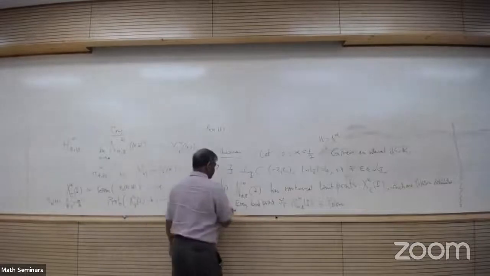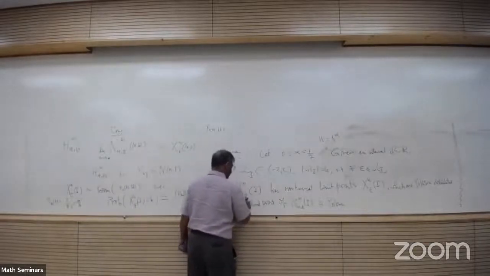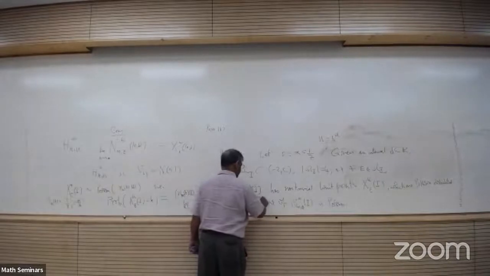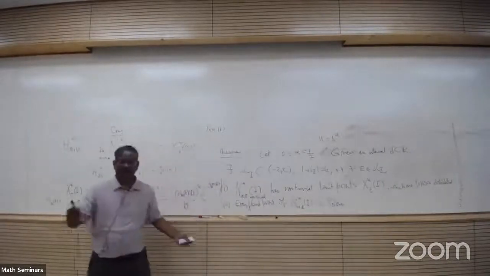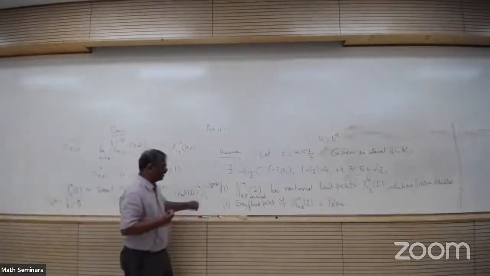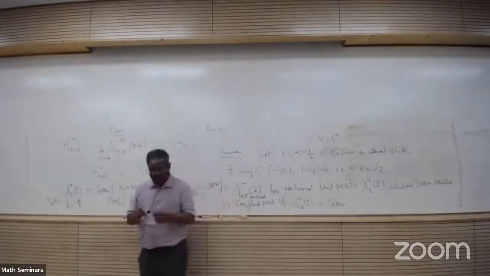Every non-trivial. Let me add non-trivial. If it is trivial, then it cannot be possible. So every non-trivial limit point is a Poisson. So this is the first theorem in this direction, in this area.